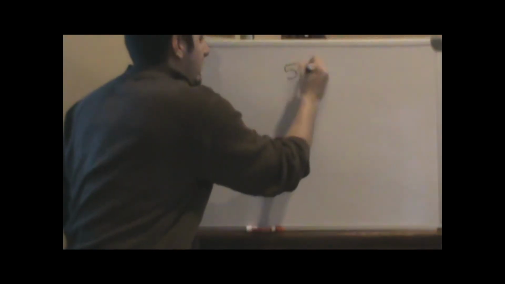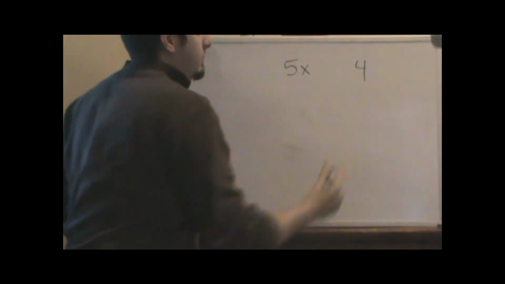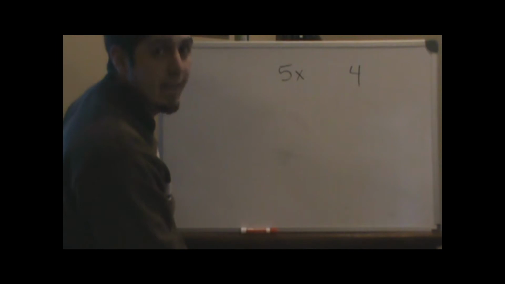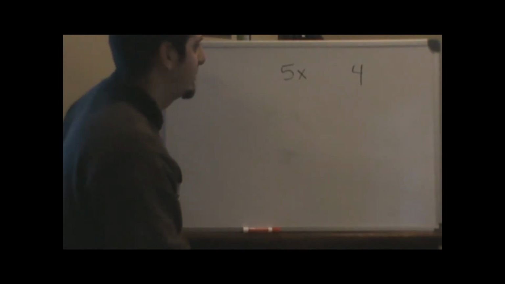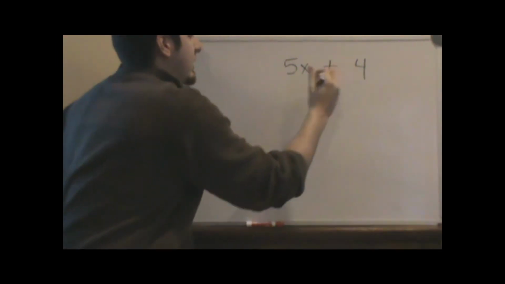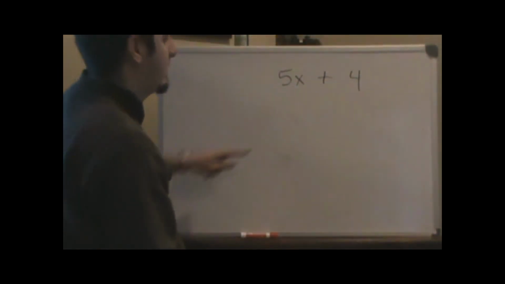Now, the thing about like terms is you can't mix and match. 5x and 4 cannot be added. They are not like terms. If I have a plus sign between these, 5x means 5 times x.